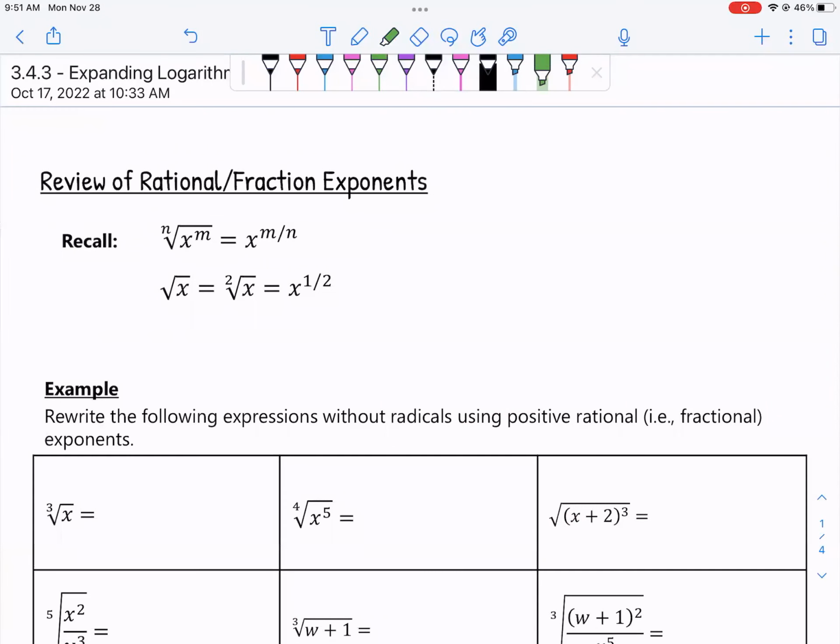But let me do some highlighting here. The root becomes the denominator. The power becomes the numerator.